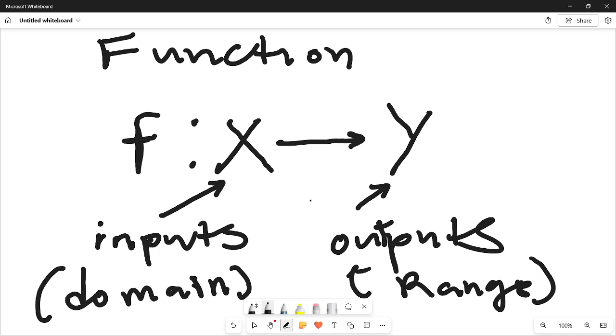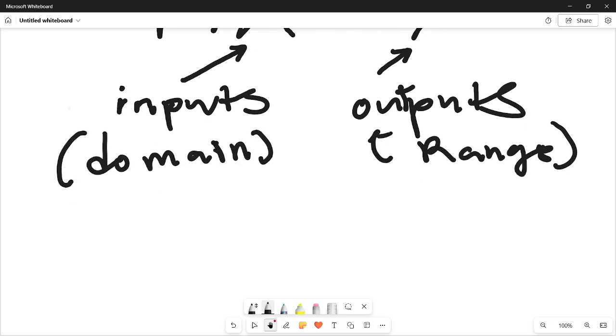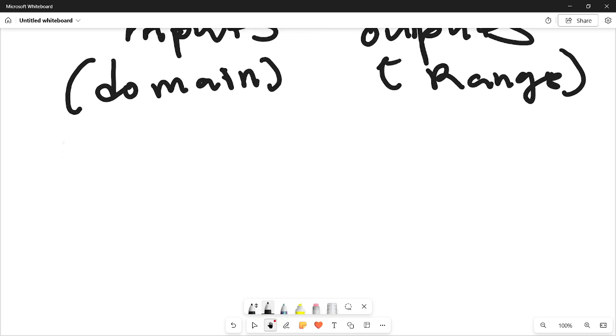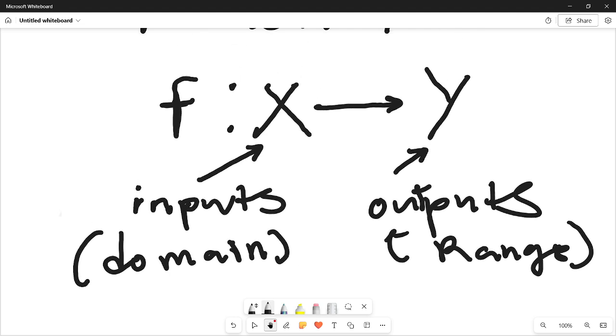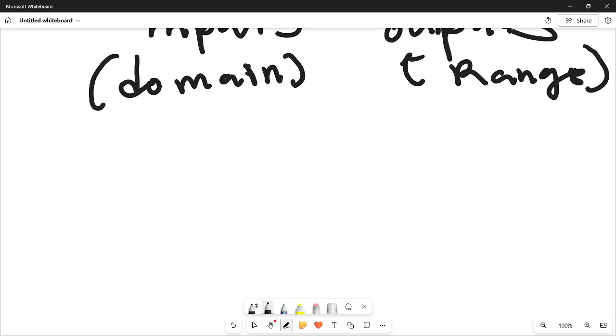We can represent a function as an equation. I'll be using this example to help us understand the concepts as we go along.